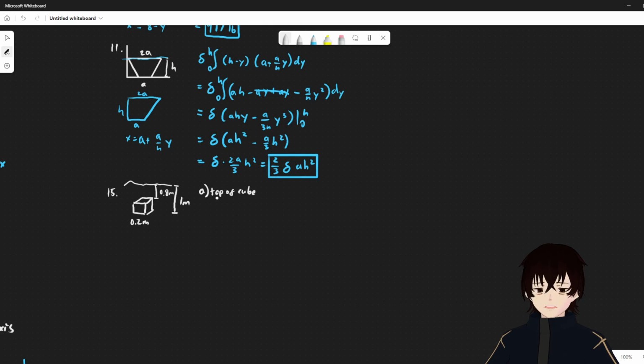And remember, hydrostatic pressure on top of cube is just the weight of the water above it.